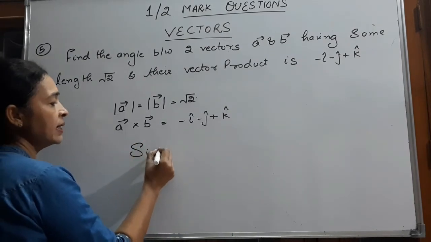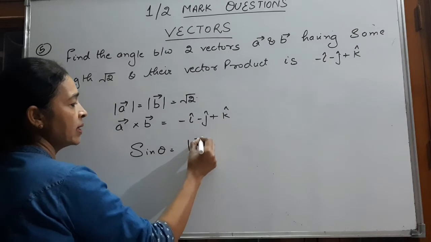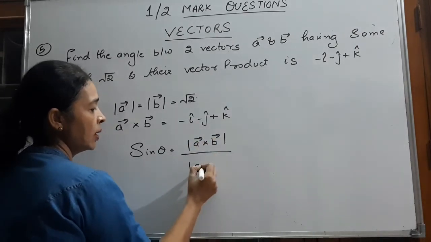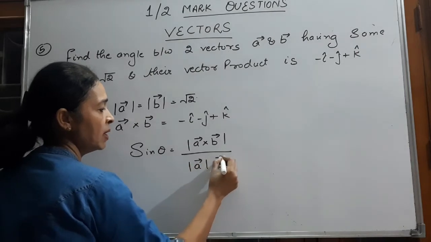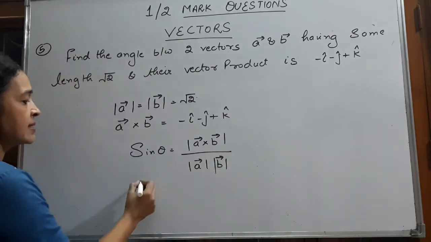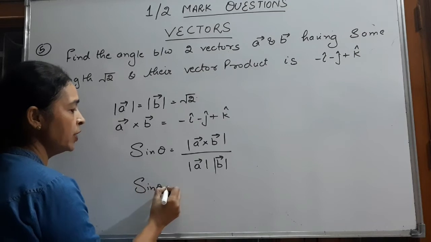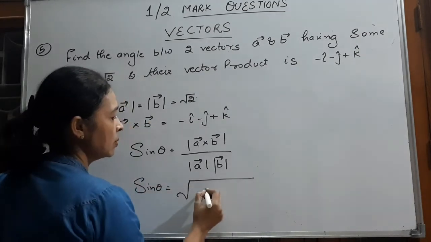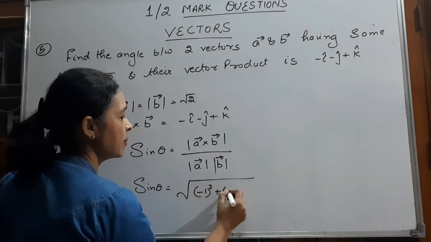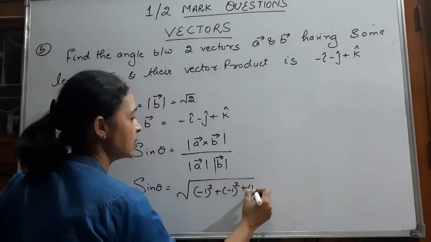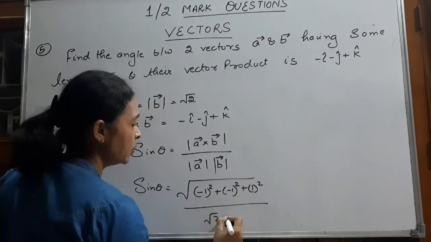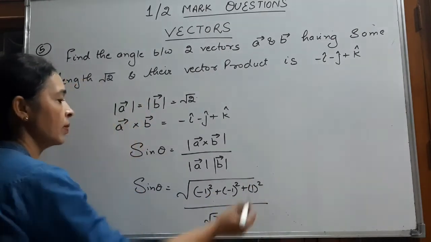Now we have sin theta equals magnitude of vector A cross vector B upon magnitude of A into magnitude of B. Sin theta equals magnitude of A cross B, root of minus 1 square plus minus 1 square plus 1 square, upon A magnitude root 2 into root 2.